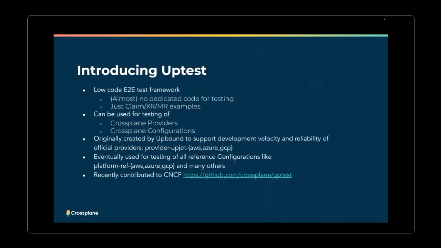So with that in mind, I would like to introduce Uptest, our end-to-end test framework that is focused on testing Crossplane providers and Crossplane configurations. And I like to think about Uptest as a low-code end-to-end test framework, meaning that when everything is set up, you need to write no test code.